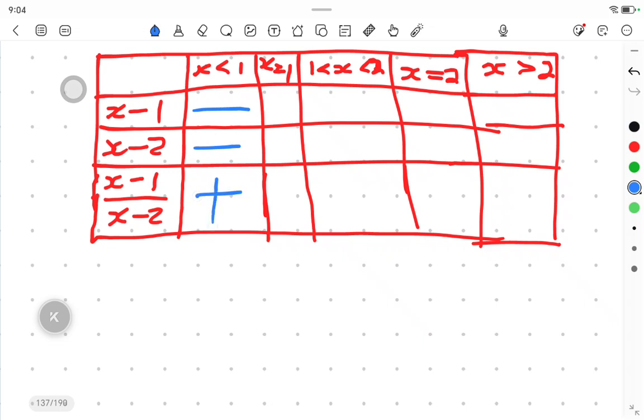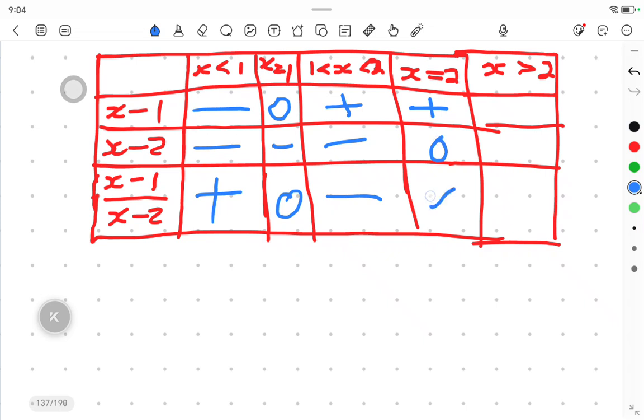And then x equals to 1, I'm going to get a 0. Then x in between 1 and 2, I can just take 1.5. If I plug 1.5, this one will be positive. 1.5 here, this will be negative. This will give us a negative. X equals to 2, this will be a positive. This is 0.